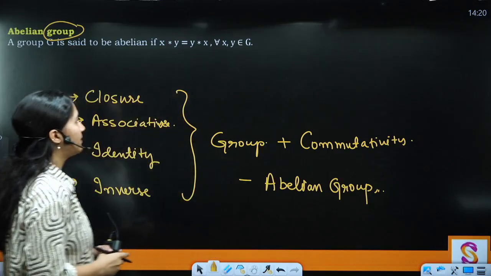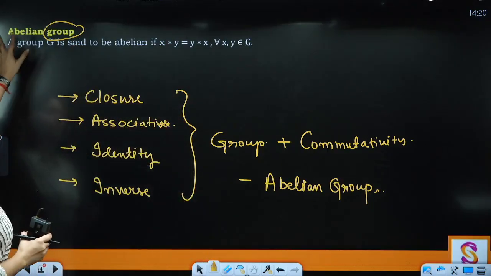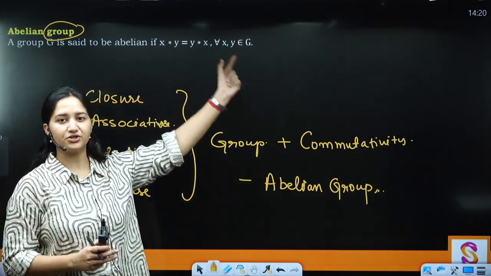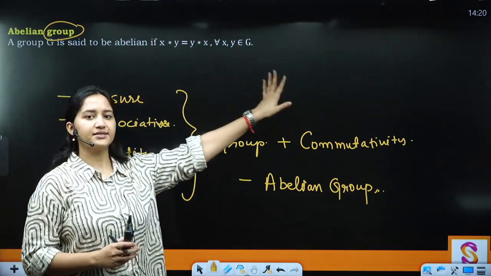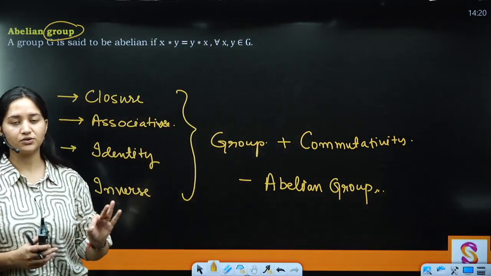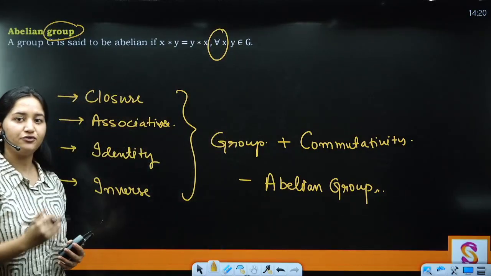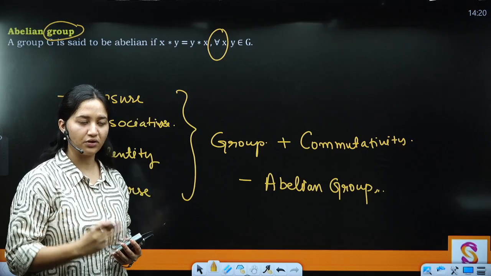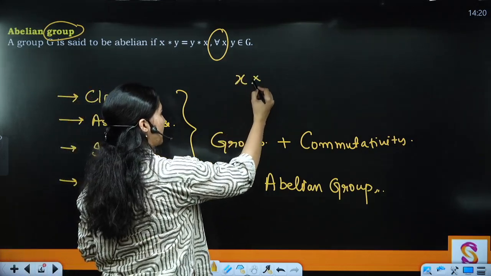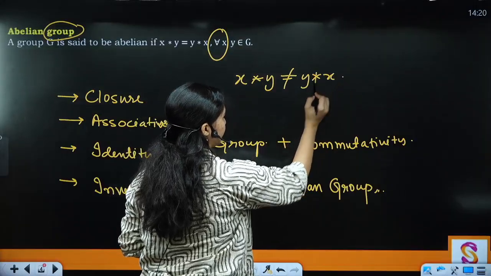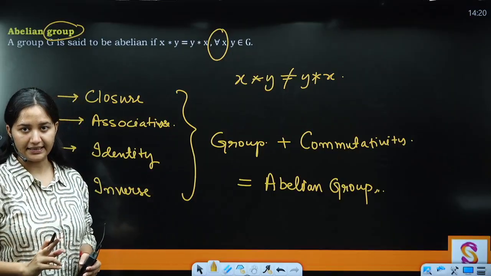Now by definition, a group G is said to be abelian if x operation y is equal to y operation x for all x, y belonging to G. Now what is important? Even if you get one pair of elements for which x operation y is not equal to y operation x, then the group is not abelian, right?